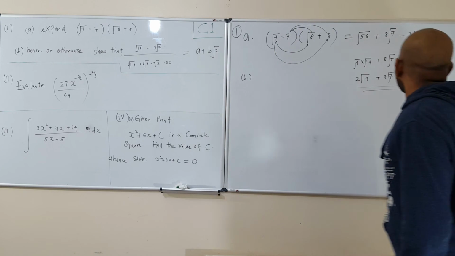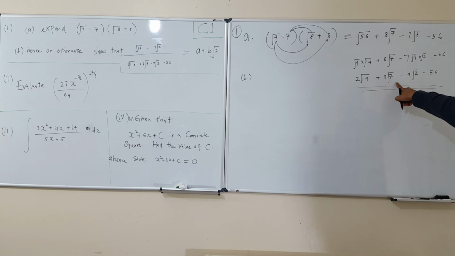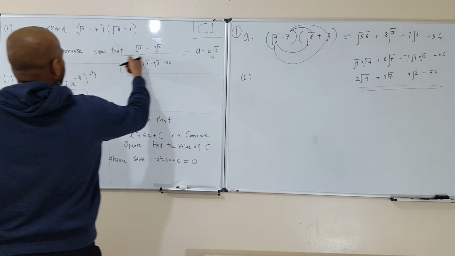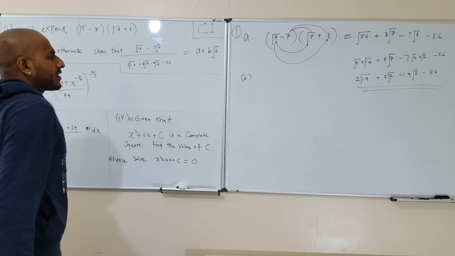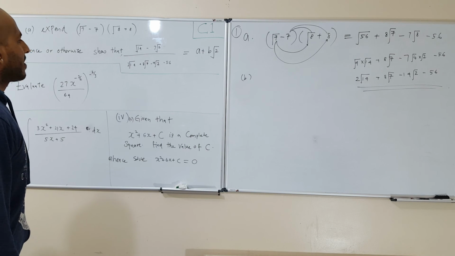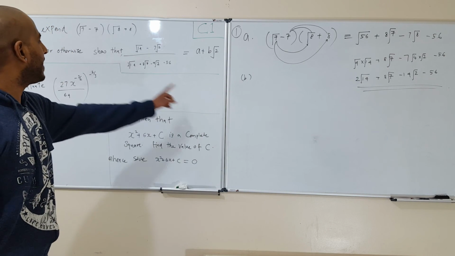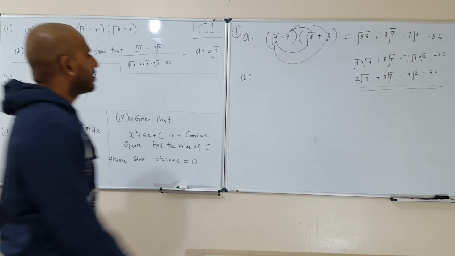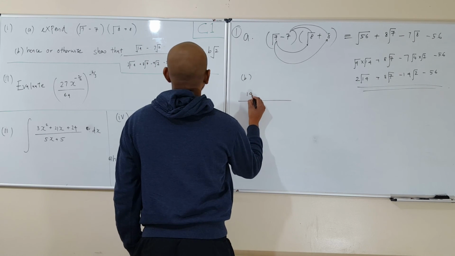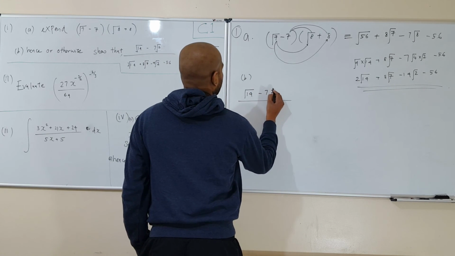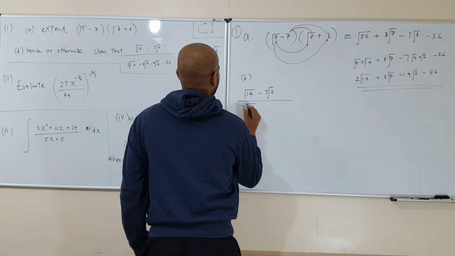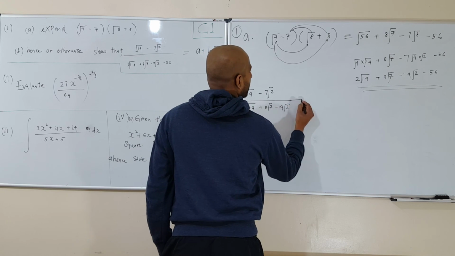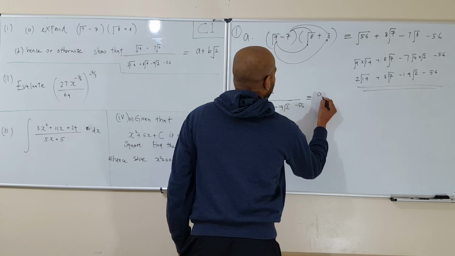If you look at this carefully, the answer we got here and this denominator are exactly the same, isn't it? 2 root 14, 8 root 7, minus 14 root 2, minus 56. They're saying they want us to simplify this into a format of a plus b root 2.